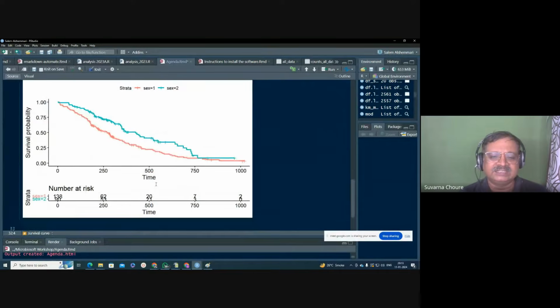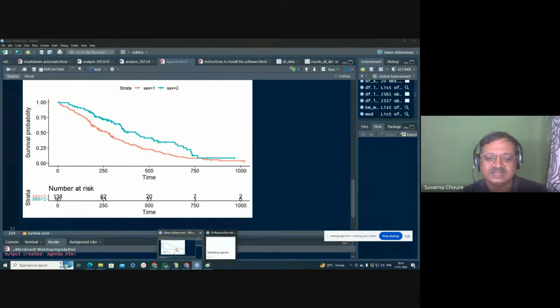At 500 days, 20 males and 21 females were at risk. At 750 days, 7 males and 3 females were at risk, and at 1000 days, no female survived, only 2 males survived. And this is the curve for that.